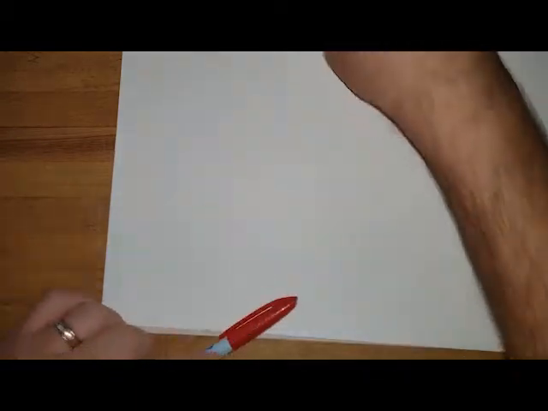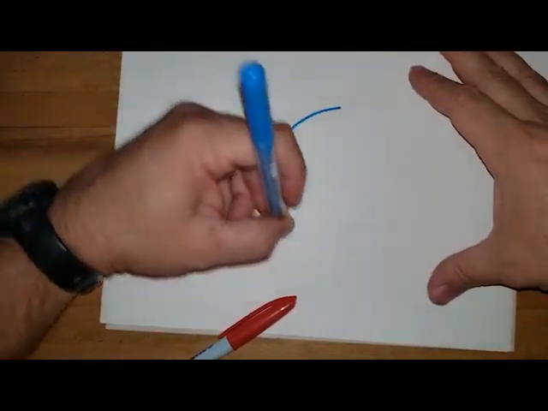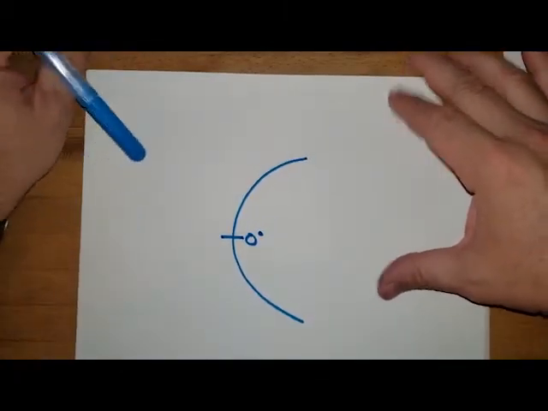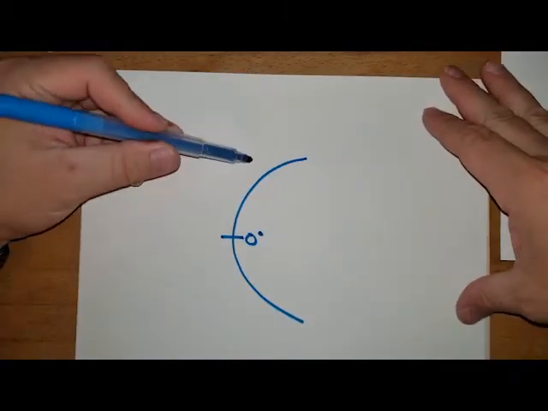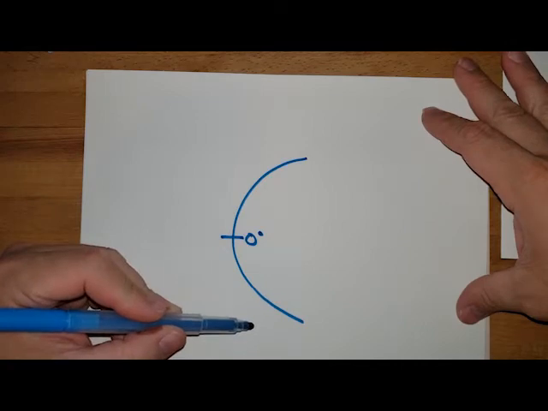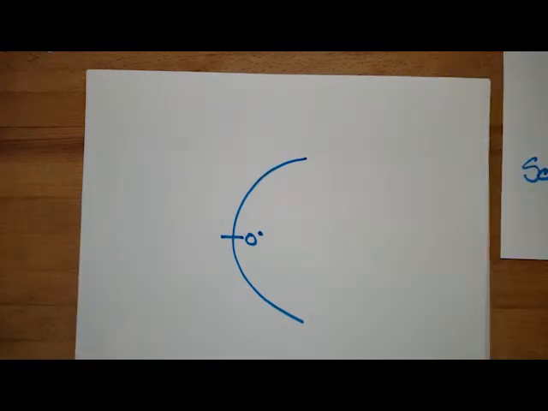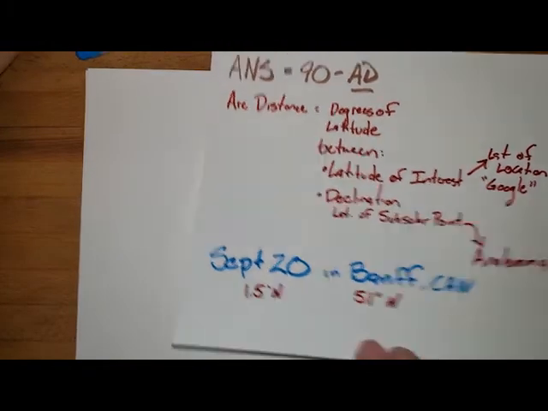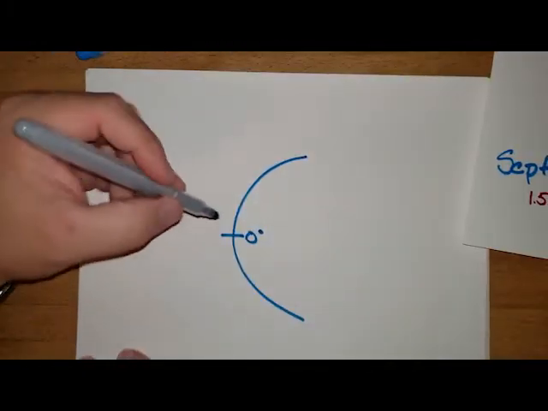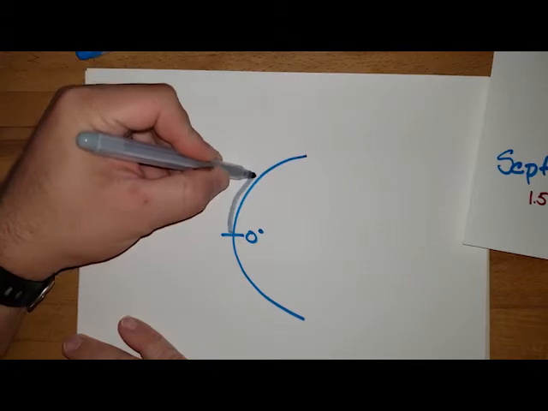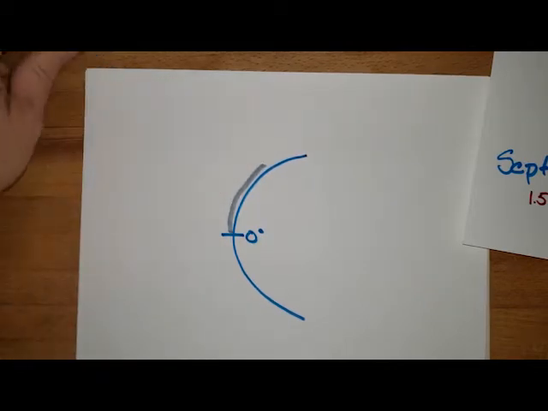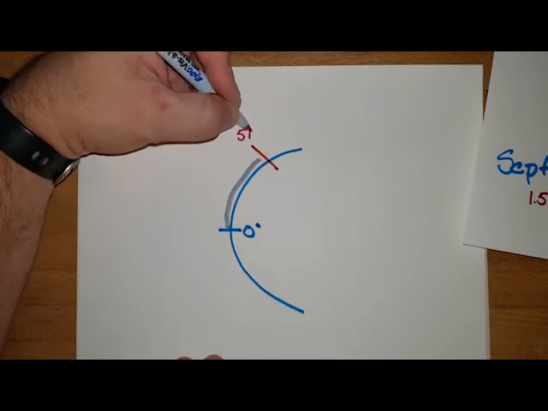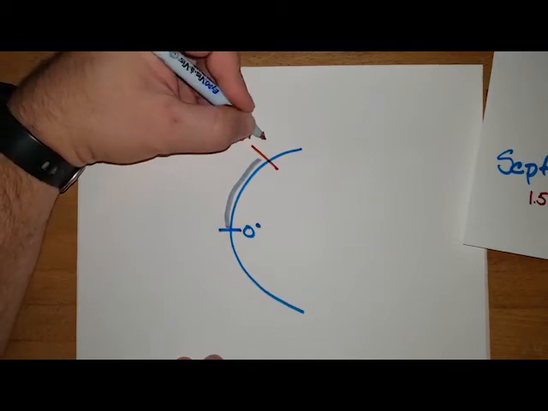Okay, so I need to figure out the arc distance between these two. Let's draw a picture. I always like to draw these out. I'm going to put that at 0 degrees, and it's really like a number line, going one direction and the other direction. I'm wanting to figure out the difference between these two. The big one is all the way up here, and that's where Banff is, at 51 degrees north.